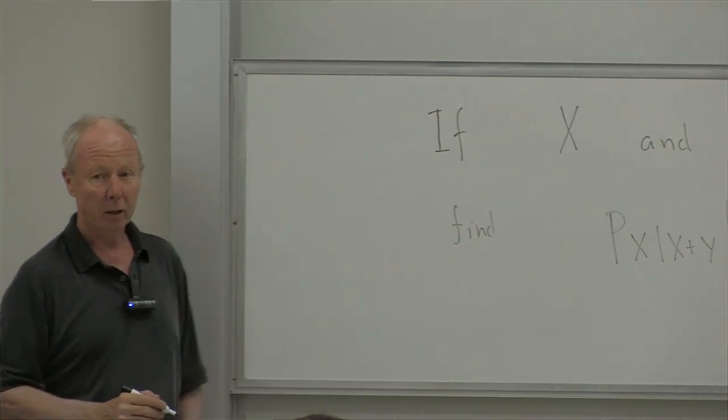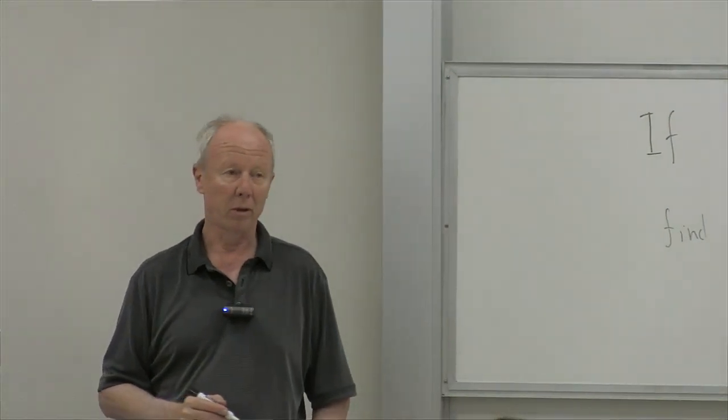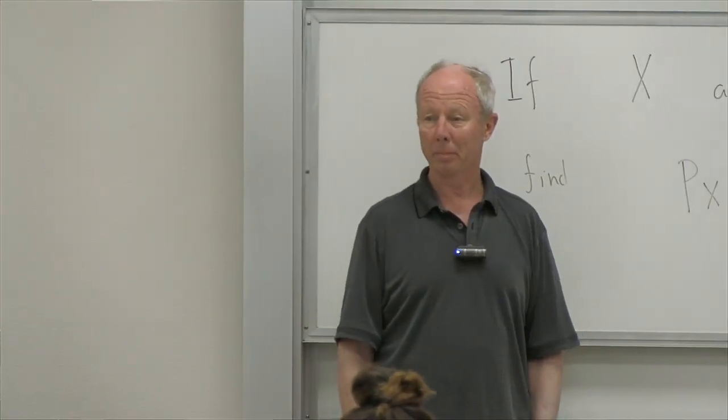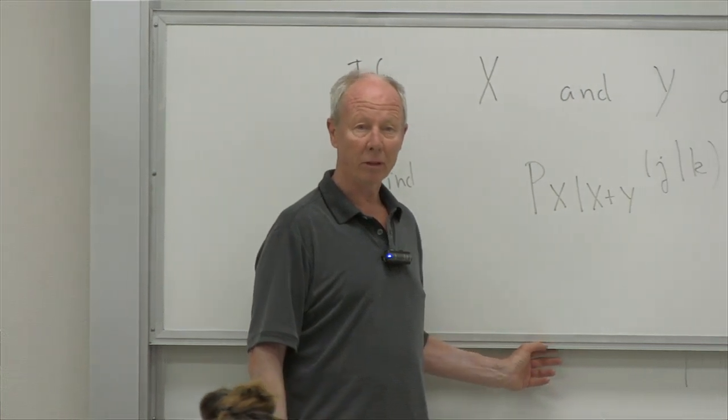You have independent Poisson random variables with the same parameter lambda, and you want to find the conditional PMF of one of them given information about the sum. Does anybody know what this would be?